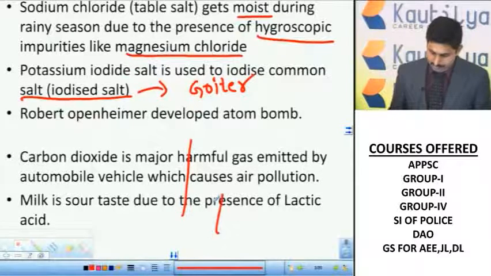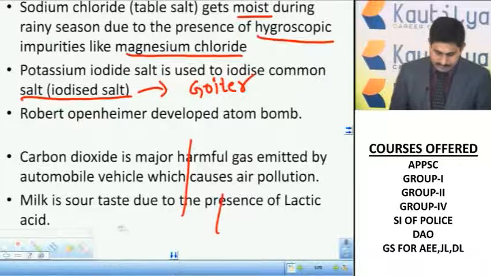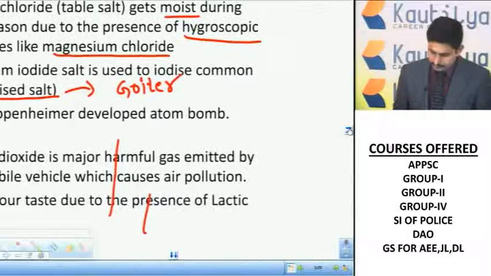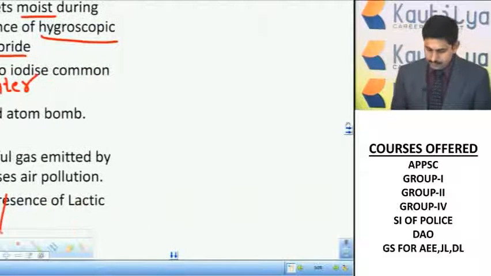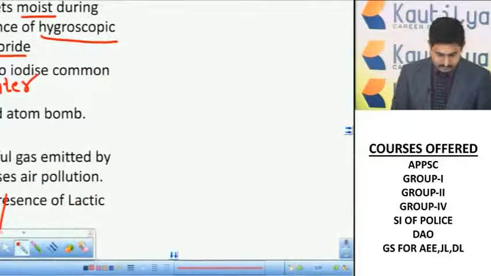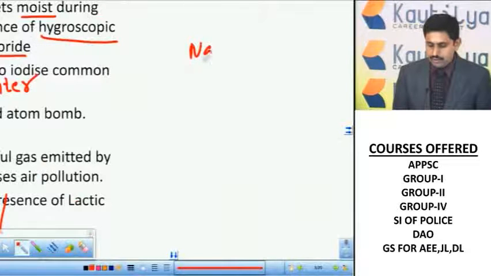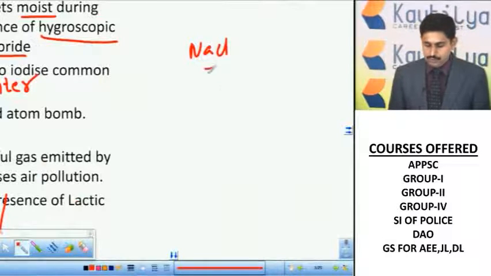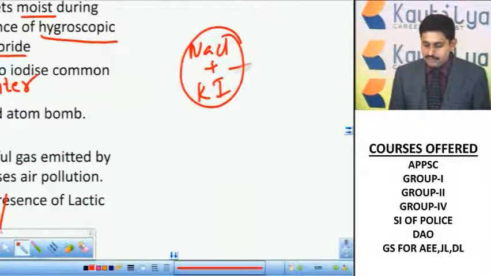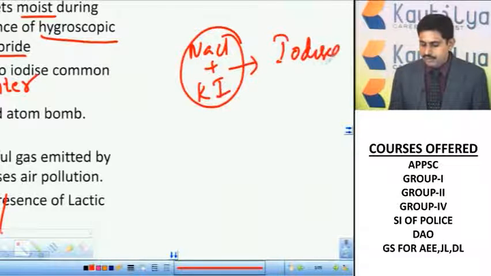Okay, see here, common salt, called sodium chloride. To this sodium chloride we'll add potassium iodide, right? This combination is what we consider iodized salt.